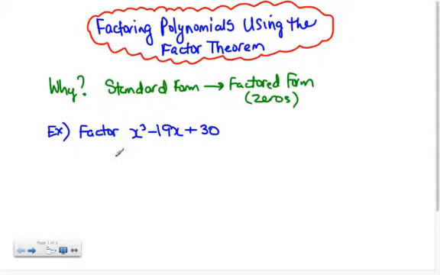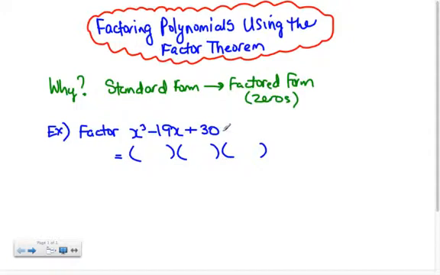What I'm trying to do is get this into the form of factors so that everything is in brackets. Because this is a third degree polynomial, I'm going to have 3 sets of brackets when this is finally all factored and done with. And then I'm going to be able to recognize what the zeros are.